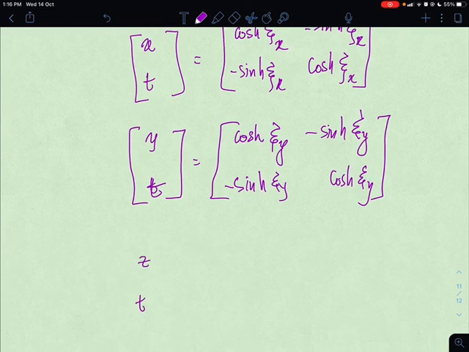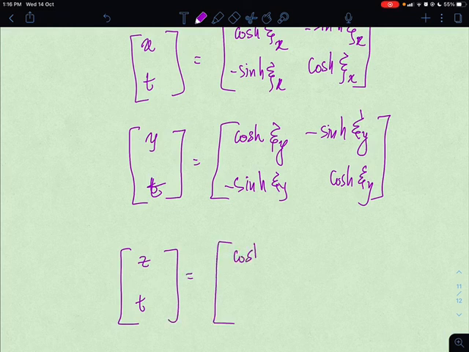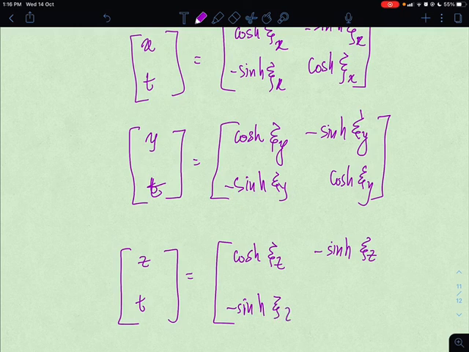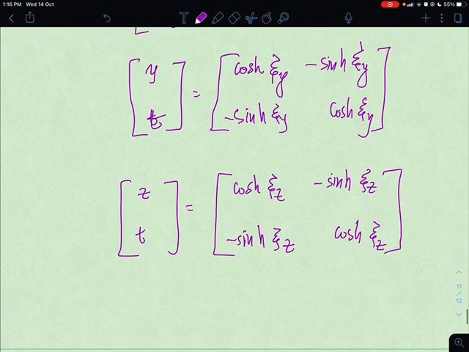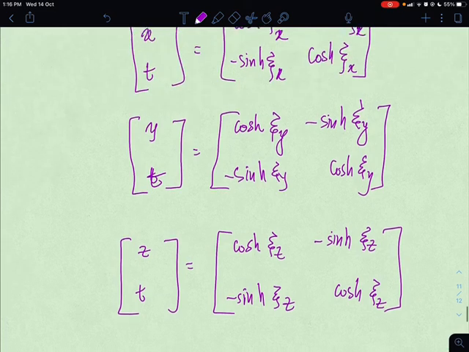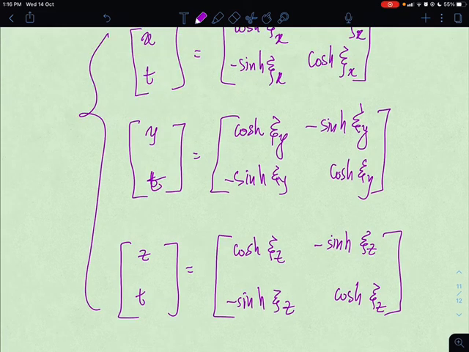Then you have z t, which also gives something like this: cosh xi z, sinh xi z, minus sinh xi z, cosh xi z. So, you will have 3 parameters for the boost.